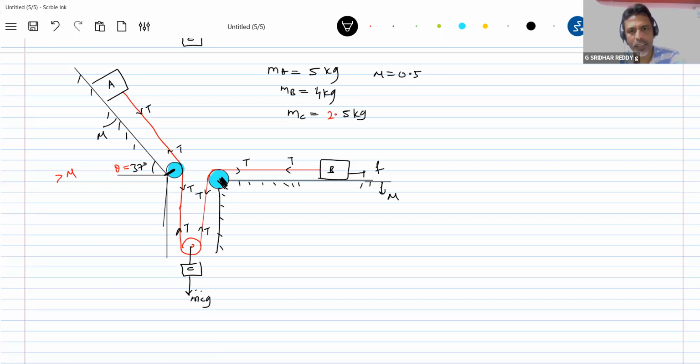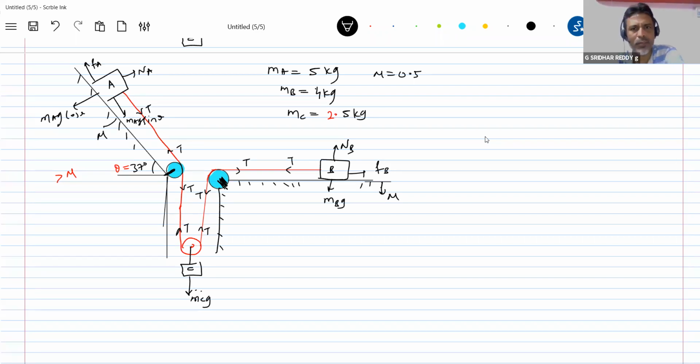Here the friction, FB. Normal reaction NA, MAG cos theta, MAG sine theta. Here normal reaction NB. This is MBG.